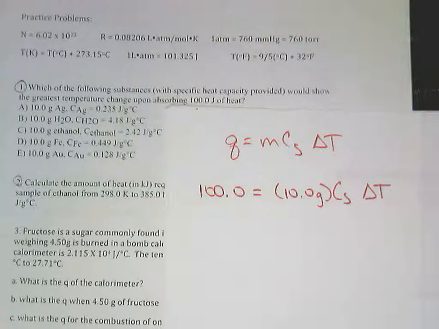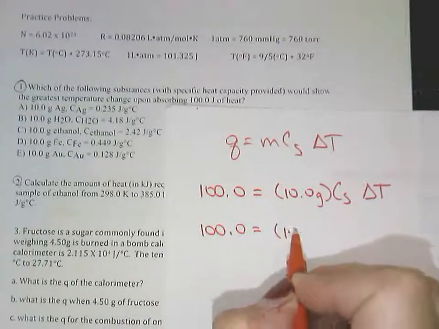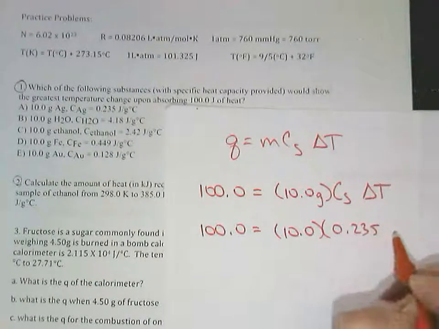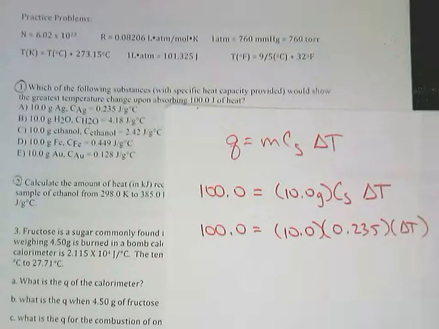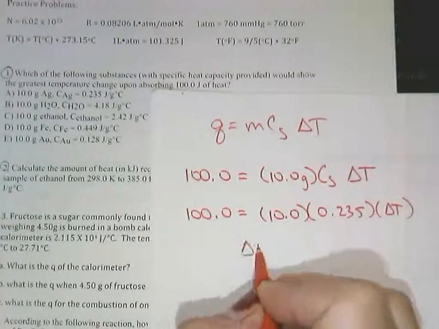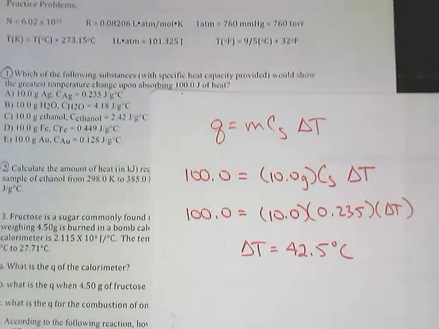So let's do A. If it's 100.0 equals 10.0 times 0.235 delta T. All right, so the delta T of that, what is that? 10 times 0.235. So the change in temperature for silver is 42 degrees.